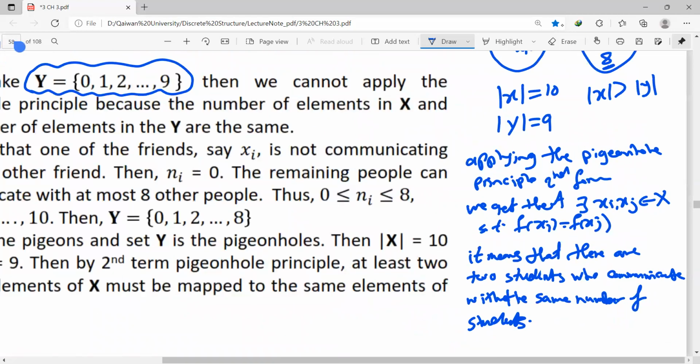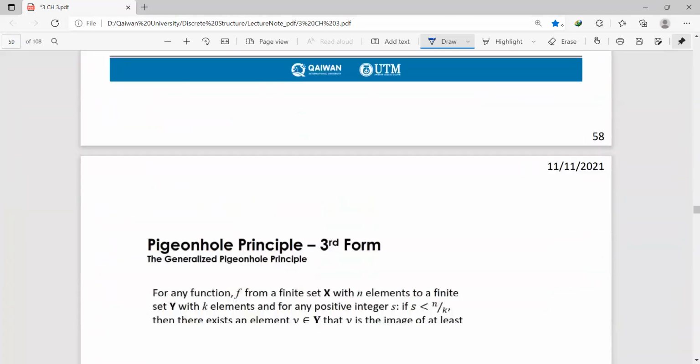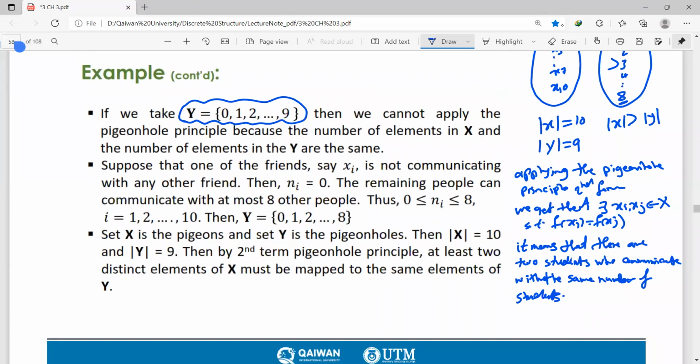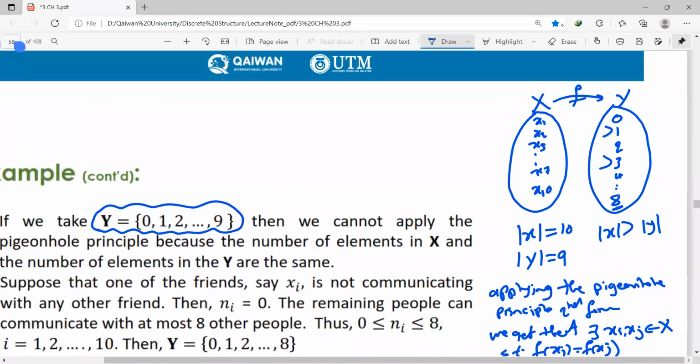And instead of using the solution here, you can use what I have written down here. We have a function from x to y, and since the number of elements of x equals the number of elements of y, we suppose that one of the students doesn't communicate with any others.